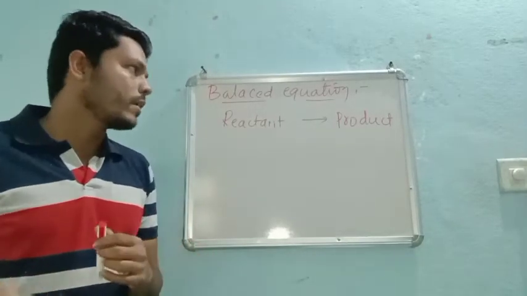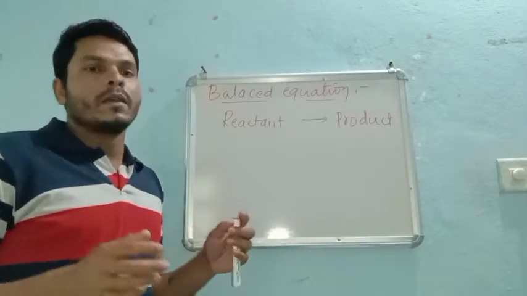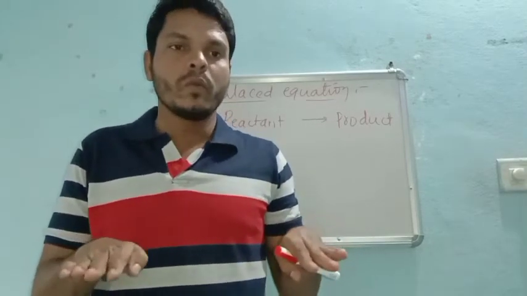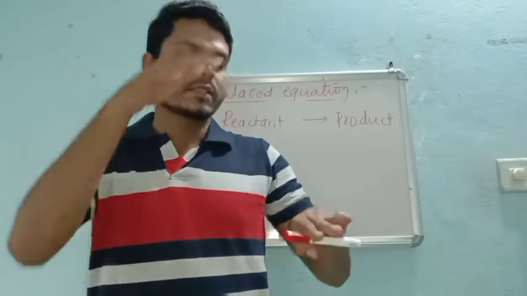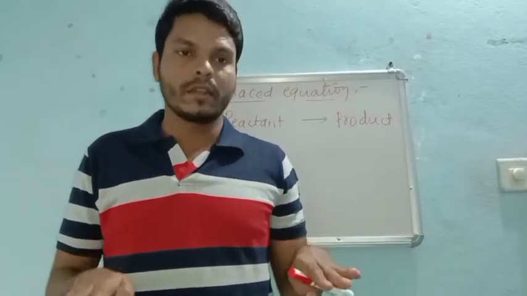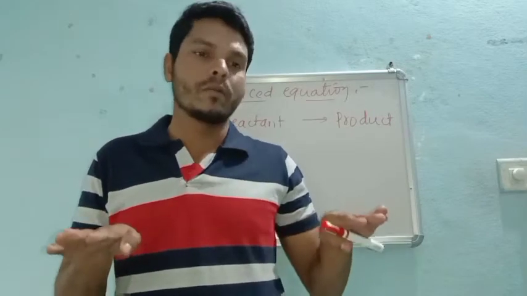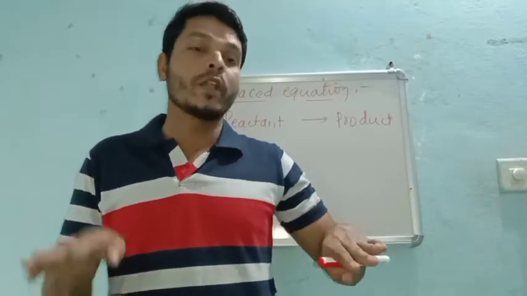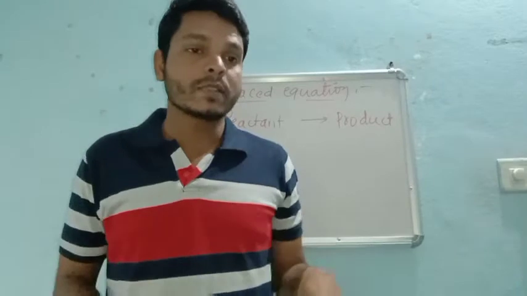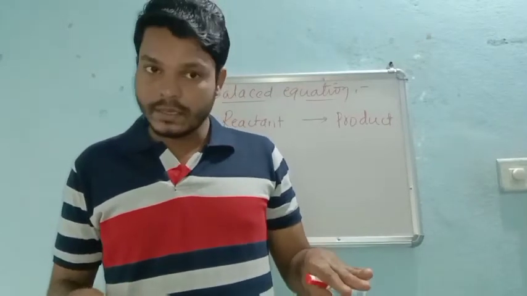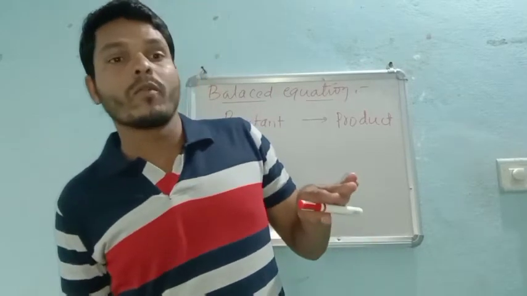So how to define this balanced equation? See, if we want to balance, then what we need to do is put the same mass or weight on either side. I mean, both sides we have to balance, by putting the same amount of mass or weight. But if I increase the mass on this side, then definitely what happens?